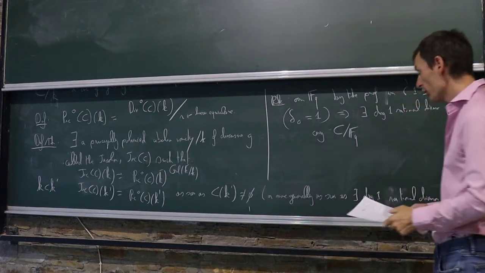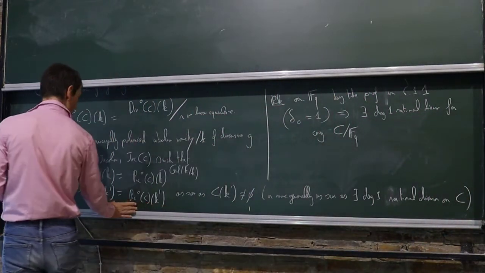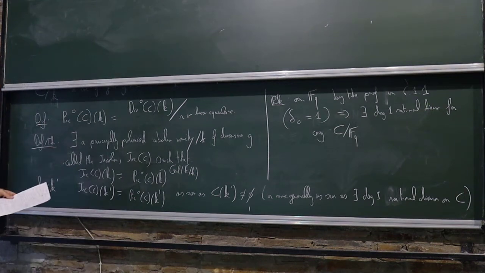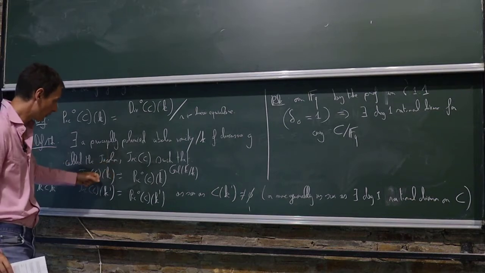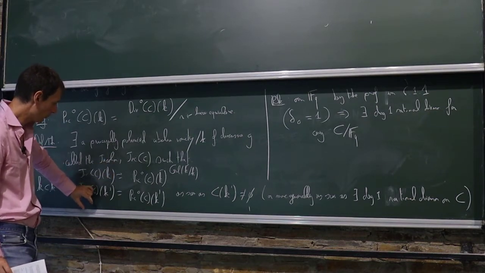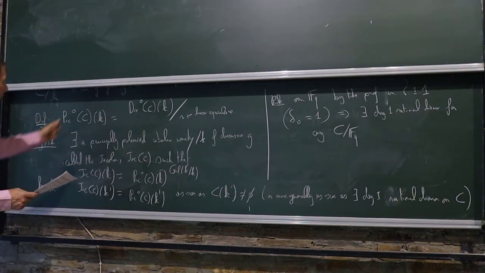So over finite fields, the situation is particularly nice, as we always have equality. We don't have to take this Gal(k̄/k). And as long as we speak about points, we can identify the points on the Jacobian and the elements of Pic^0. So this is quite nice.